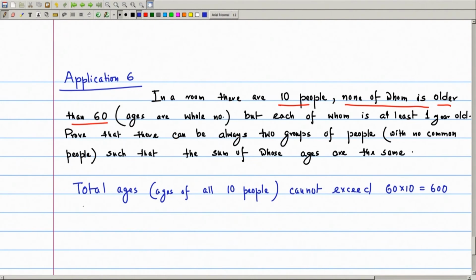And similarly the total ages must be at least 10, because everyone is at least 1 year old.